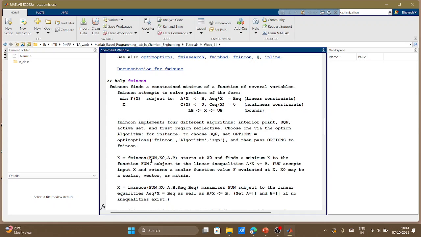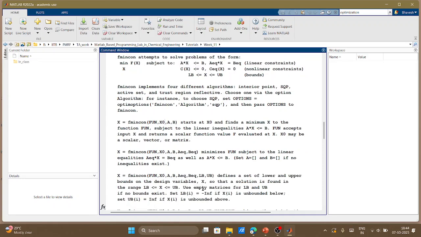So the way you provide this data is you start with fmincon, provide the function, provide the initial input x0, then first come the linear constraints, inequality and equality. If you want to further add bounds, you can add them as lower bound, upper bound.